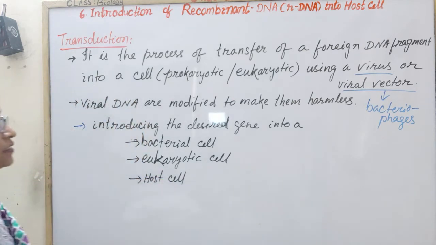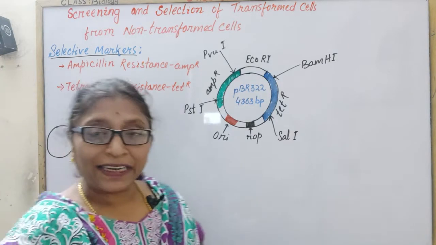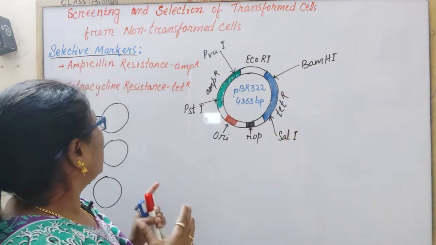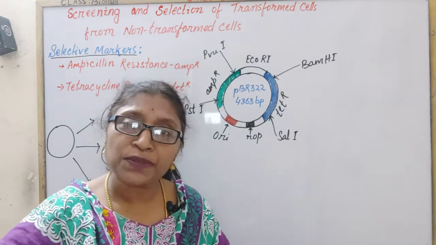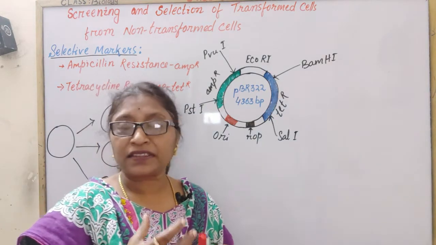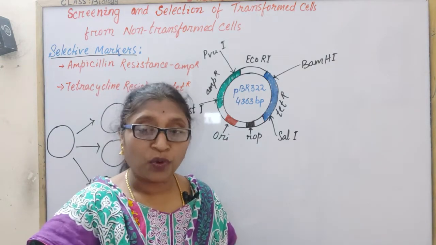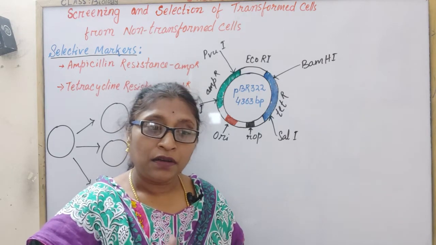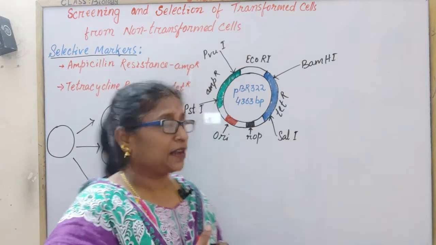Okay, screening and selection, let us discuss. The screening and selection of the transformed cells is done from the non-transformed. Transformed cells means the genetic material in the host cell is altered by the introduction of the recombinant DNA or the segment of that naked DNA.